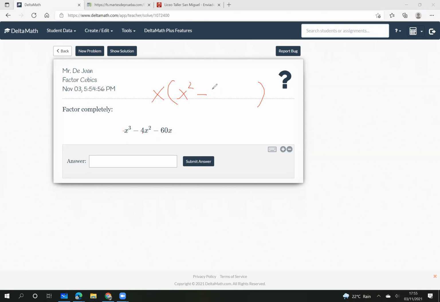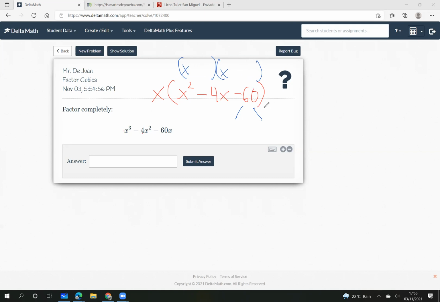Entonces, ¿cuáles son los múltiplos de negativo 60? Hay varios, porque ya tenemos un cuadrático aquí, ¿no? Si tenemos un cuadrático, lo tenemos que simplificar para que tenga dos casitas. Sabemos que en las dos casitas vamos a tener x y x, pero estamos buscando resultado y resultado.